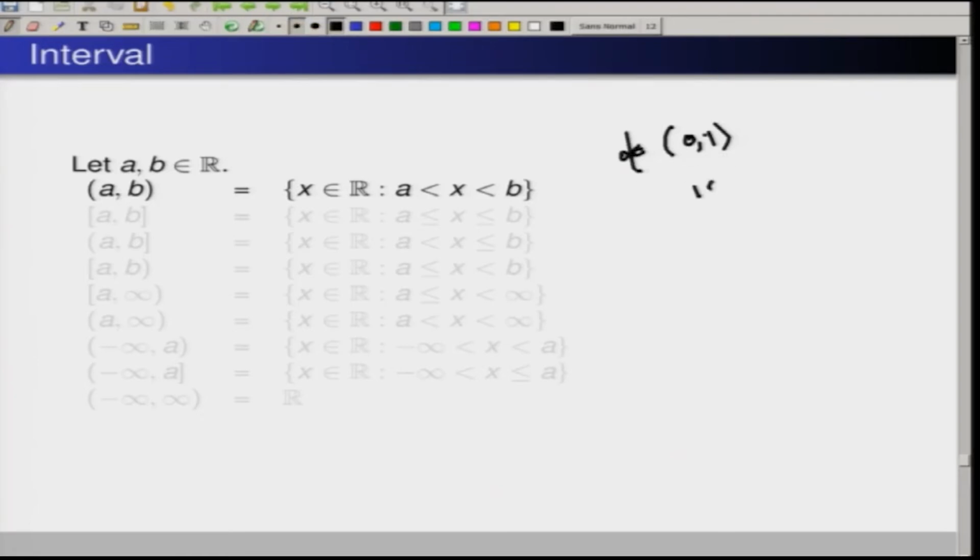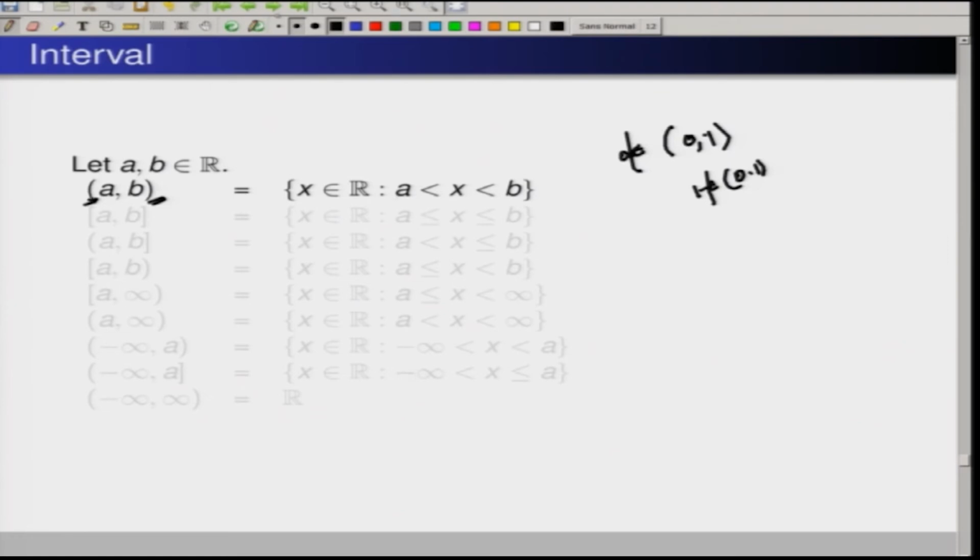Similarly, 1 does not belong to (0, 1). So the endpoints A and B are not included in the set, as you can see.